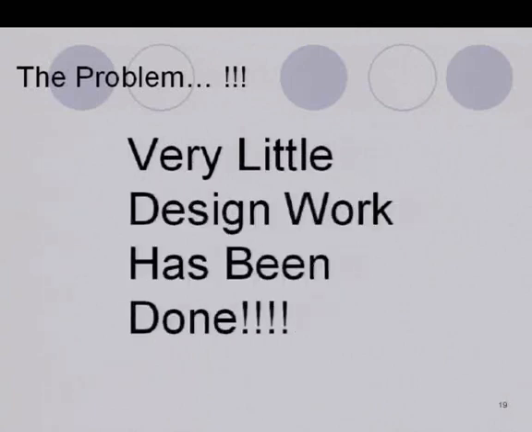So the problem now, why are we still working? Why hasn't framework-based solutions taken completely over? Well, basically, there's been very little design work done on these solutions. Even though people believe in framework-based solutions, nobody has spent a great deal of time actually designing them correctly, because we always have to put this back in context.